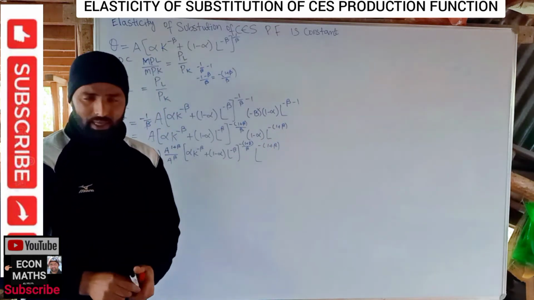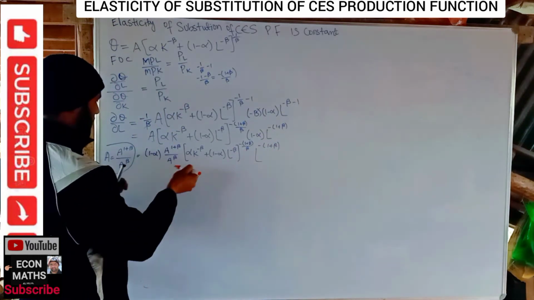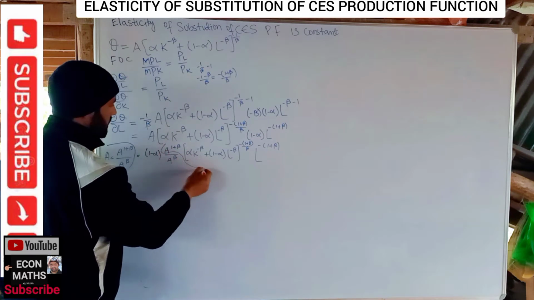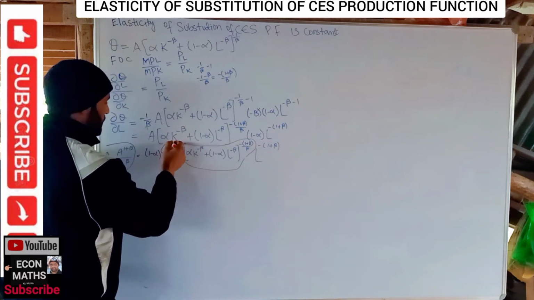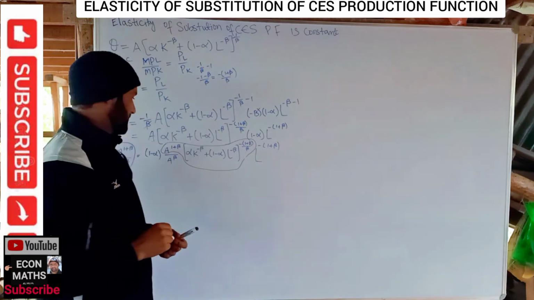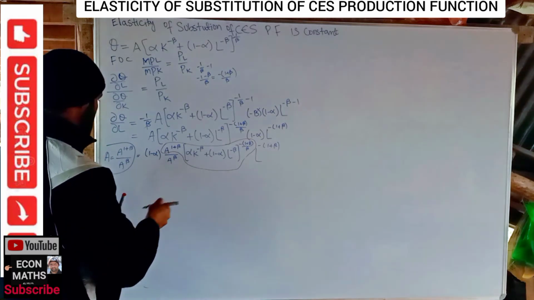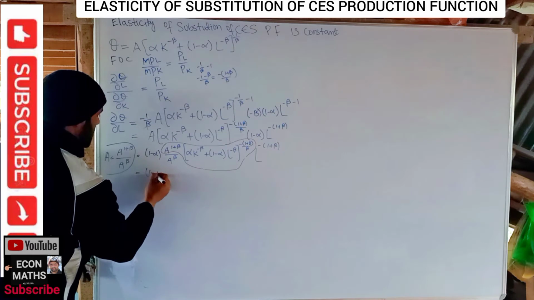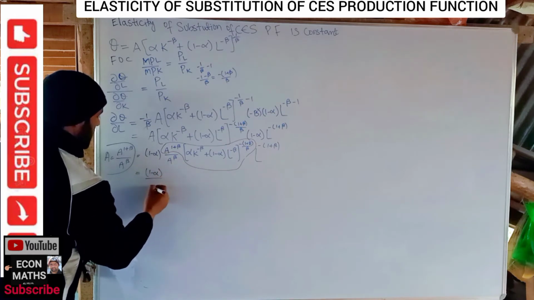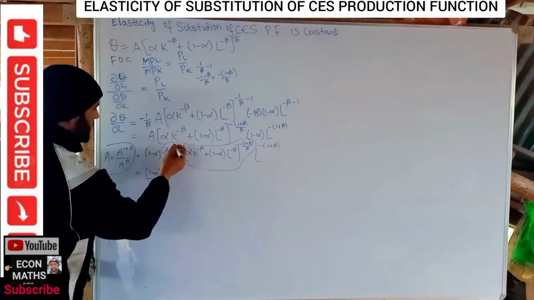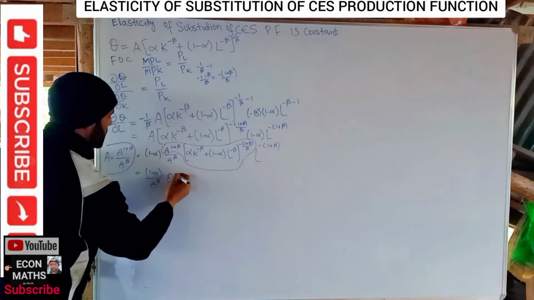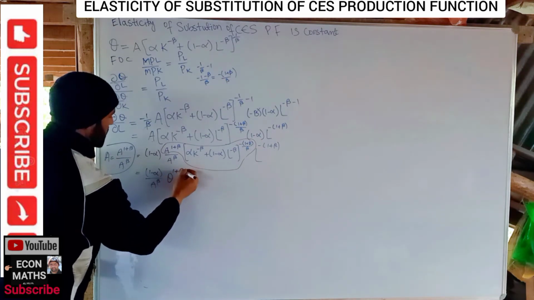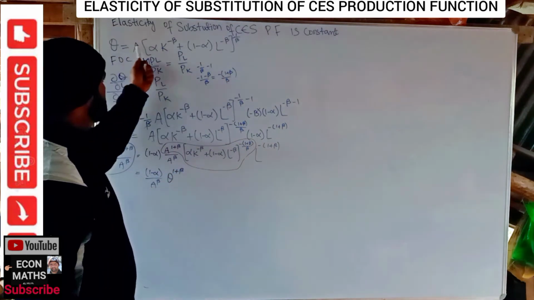Now here we can see that this very expression is equal to, in place of this, first we have (1 minus alpha) divided by A to the power beta, and in place of this we can write Q to the power 1 plus beta. Why? Because our Q is this very expression.